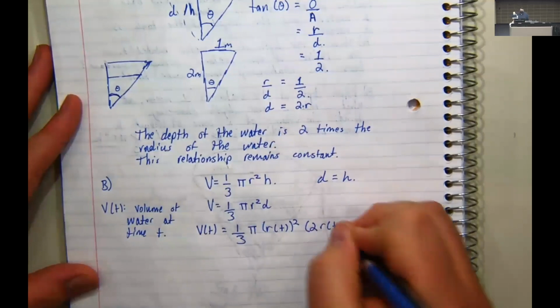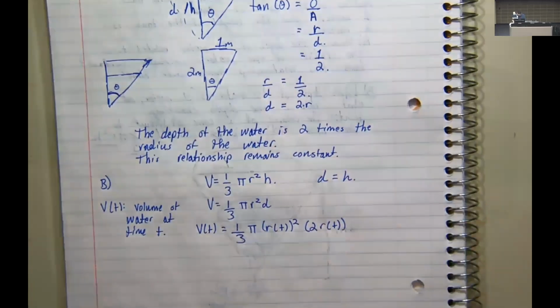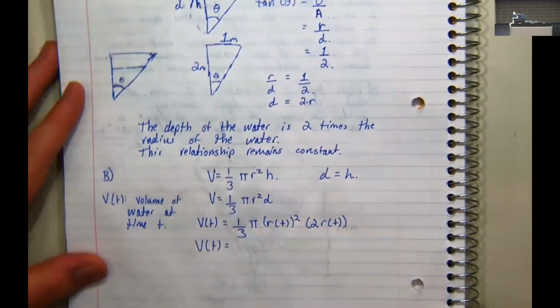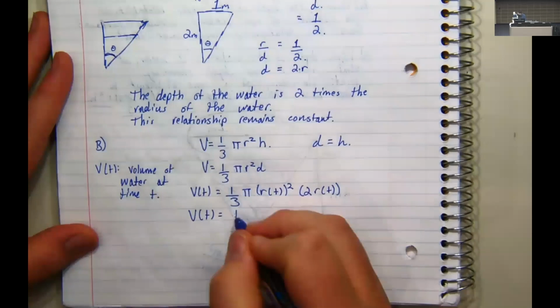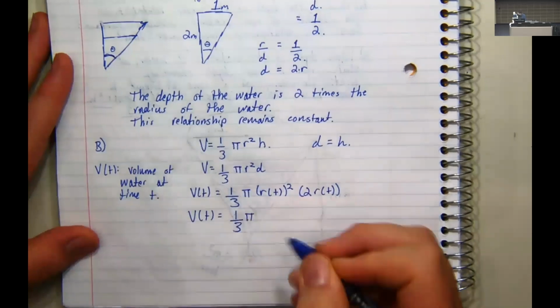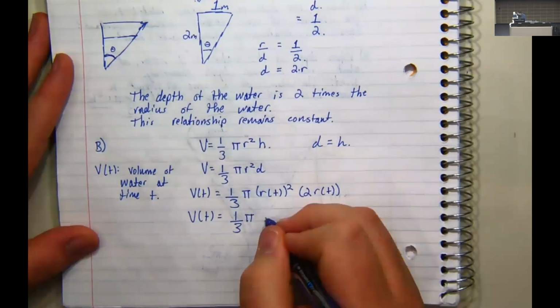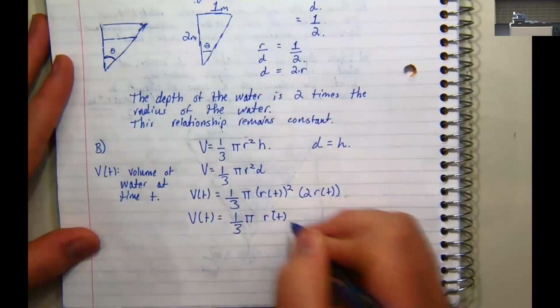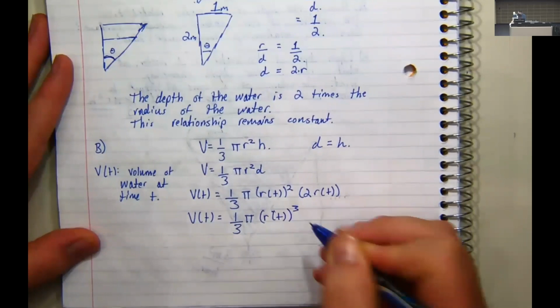And we can combine that. So V at t is equal to 1/3 pi, then this is r at t cubed, and this 2 will be placed up here.